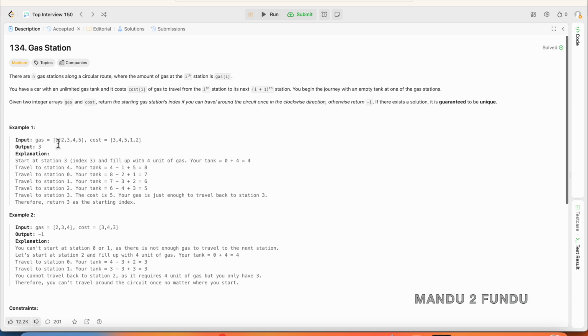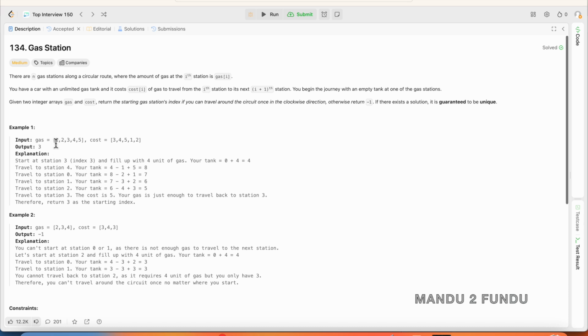In this case, the available gas at station 0 is 1, but the cost of moving to gas station 1 is 3 units of gas. So the net gas is -2, so we cannot move. The cost is higher than the available gas, so we cannot move to the next station.